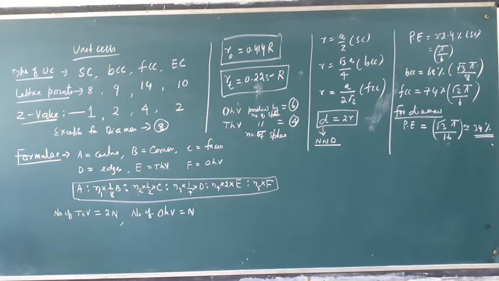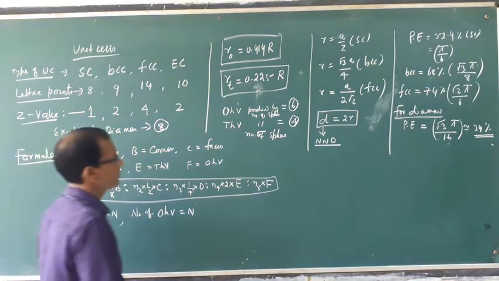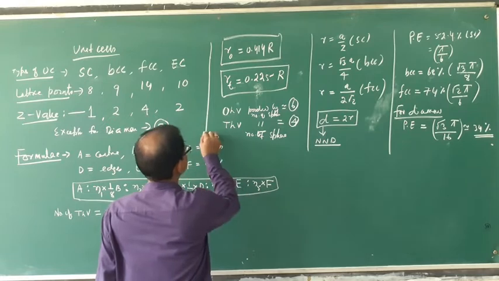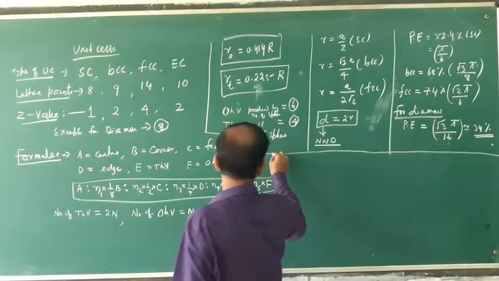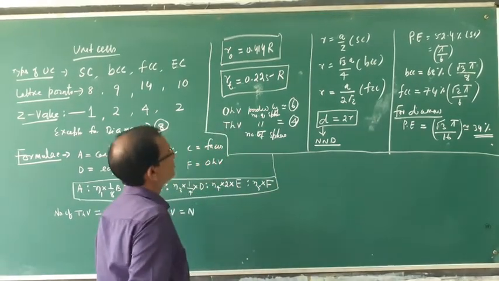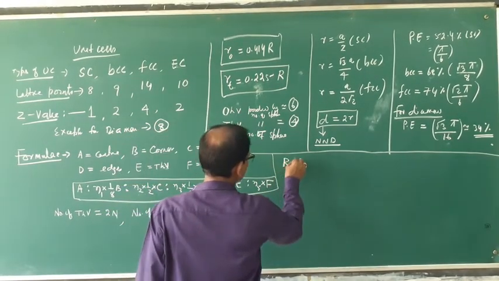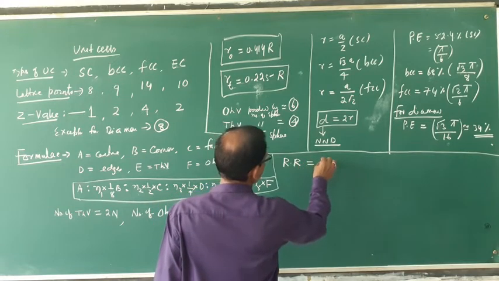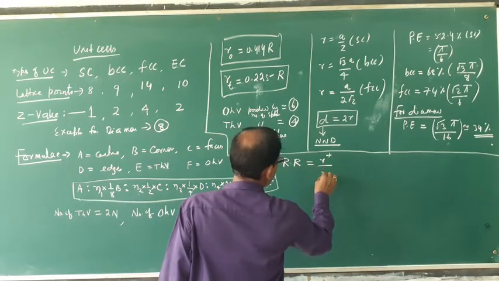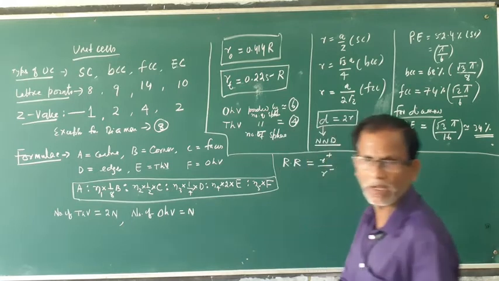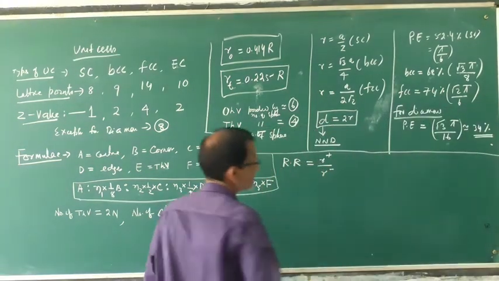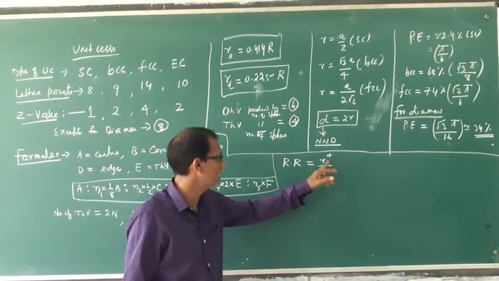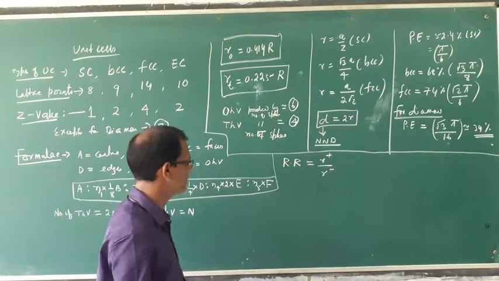Then the next part is radius ratio. Radius ratio is always equal to R plus by R minus, the cation to anion ratio.